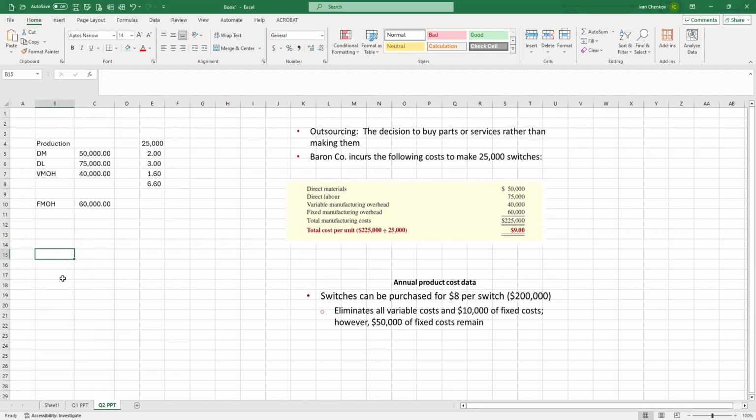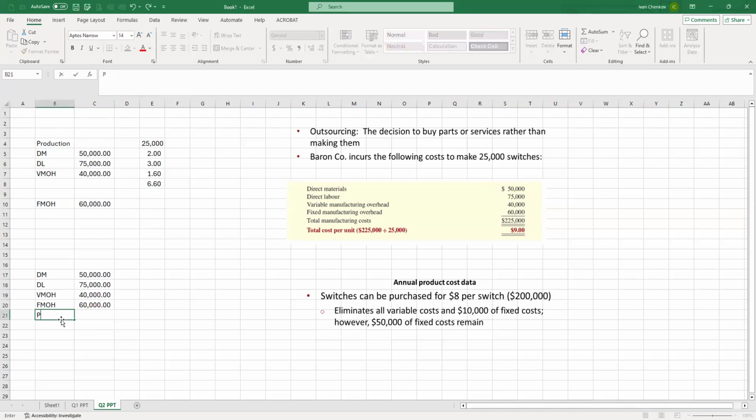So what will that be? Let me see how exactly the Wiley is doing this. Okay, they're staying with those figures, the ones that we have. And what else do we have? Fixed overhead. I'm gonna try to do exactly the same copy because I don't want to confuse you. And then we're gonna have a purchase price.